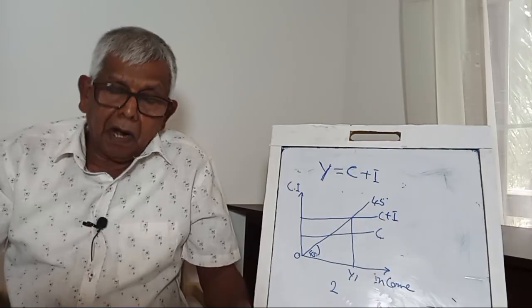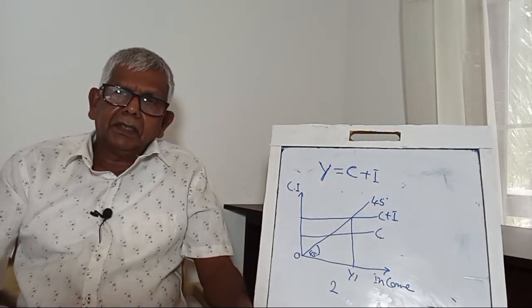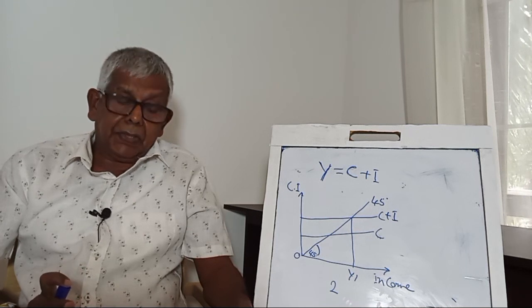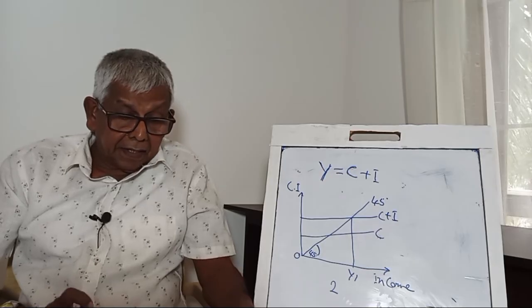The aggregate demand function, the C plus I curve, intersects the 45 degree line at point E.